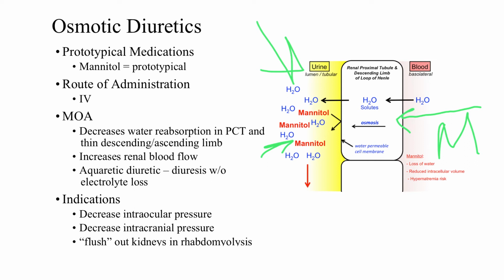We are going to have an altered osmotic gradient. As mannitol itself is not very easily trafficked across membranes, the mannitol cannot get into the tubule cells itself. It is going to stay on the luminal side. Water, remember, through osmosis likes to move to areas where there is high solute concentration.